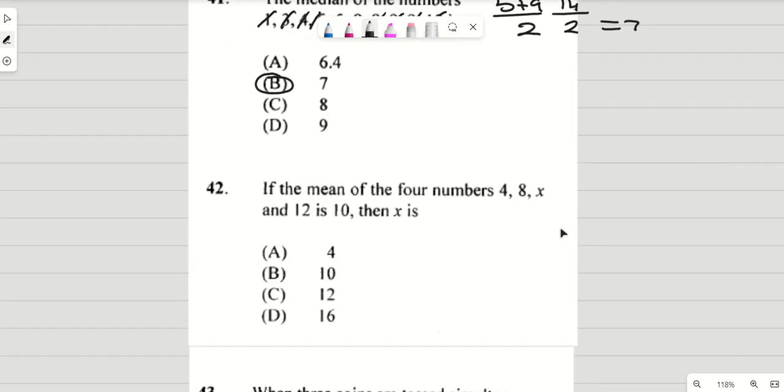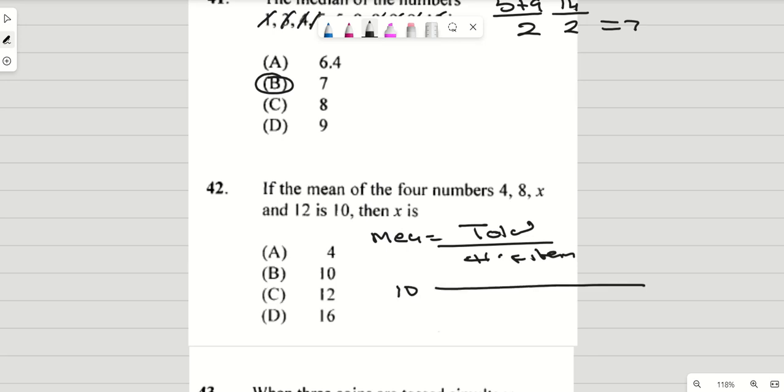Then they ask for, I think we did this just now. If the mean of four numbers, 4, 8, x, and 12 is 10, then x is? First off, mean or average is equal to your total divided by the number of items. We know that your mean is 10. Your total is 4 plus 8 plus x plus 12, and your number of items is 4.